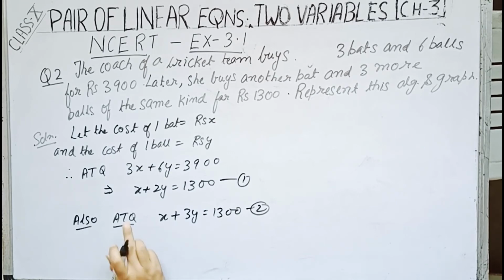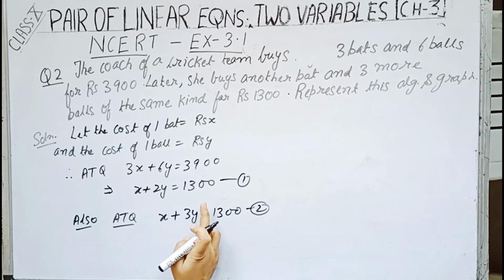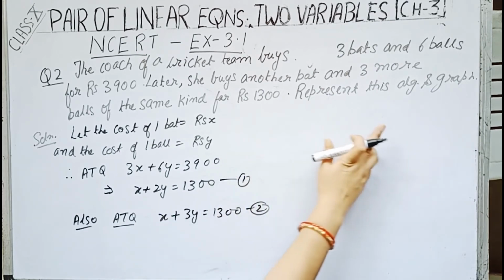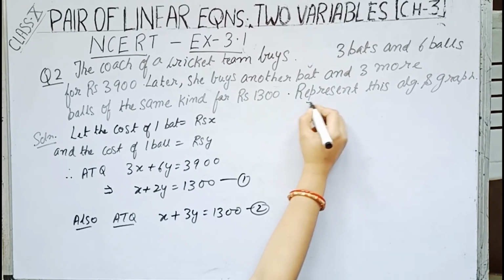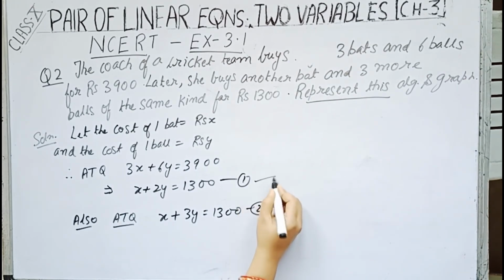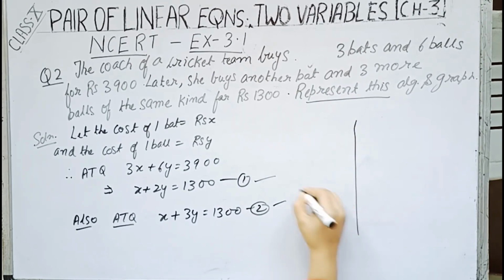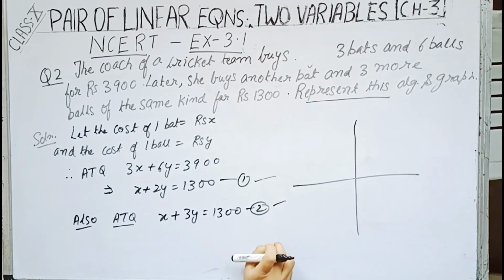The first equation is x plus 2y equals 1300 and the second equation is x plus 3y equals 1300. So children, solve this and represent the equations algebraically and graphically. The algebraic representation is this one, and please do the graphical representation on your own by drawing the graphs of those two linear equations.